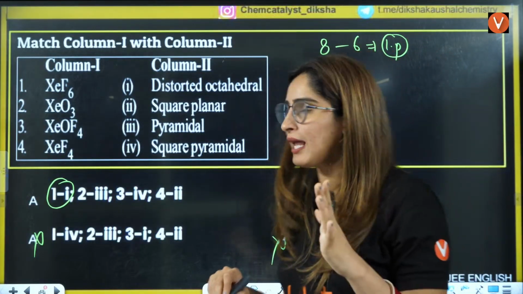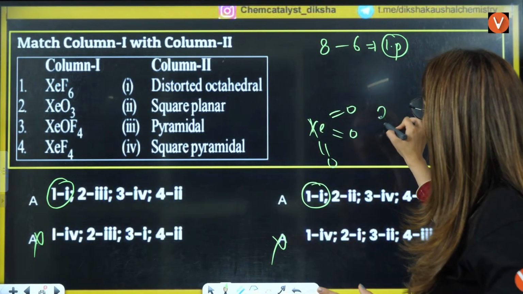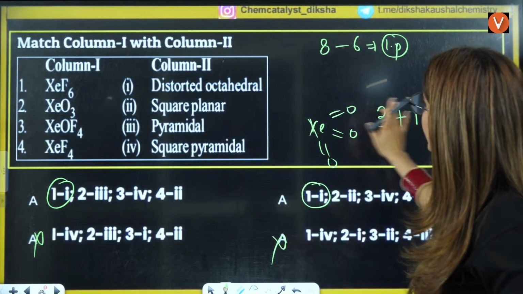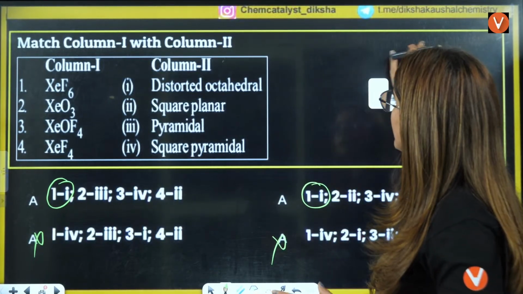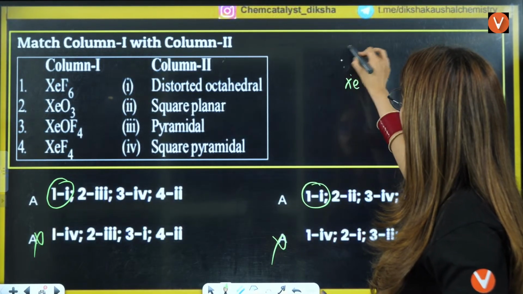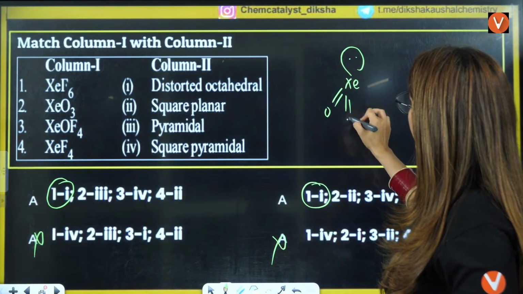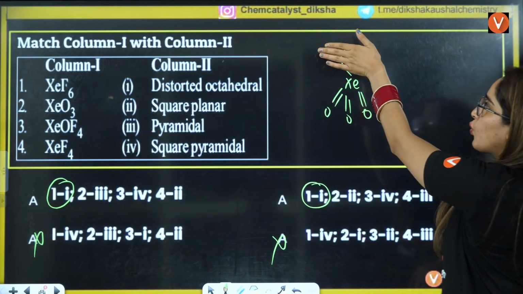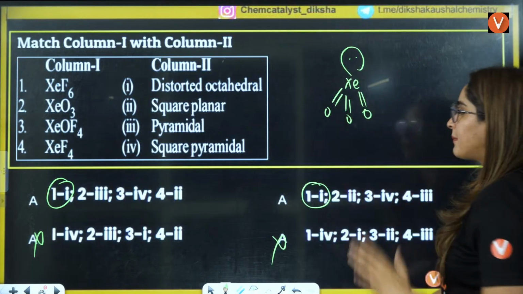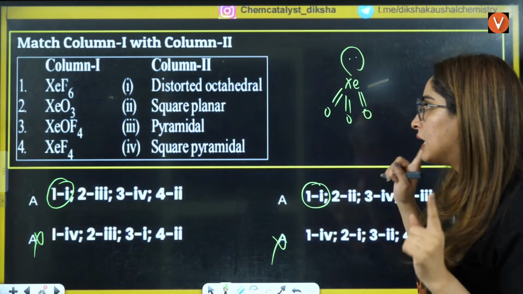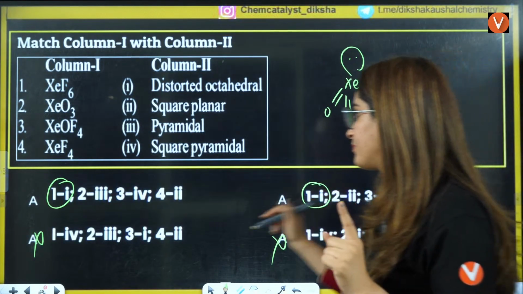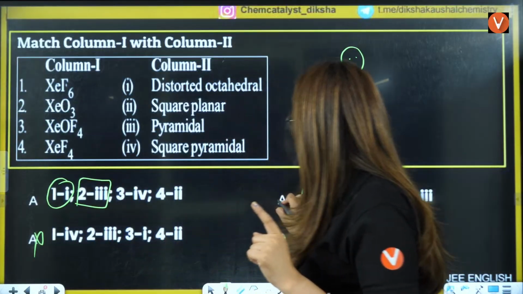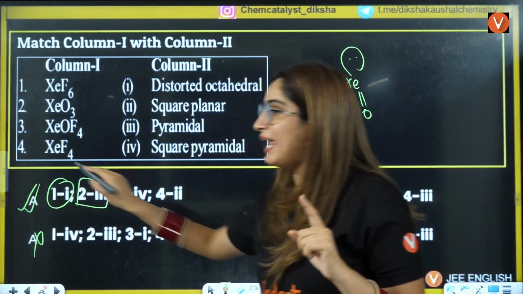So sigma bonds are 3 plus 1 lone pair, which means 4. Xenon with 1 lone pair and 3 oxygens. That is pyramidal shape, because in shape we exclude the lone pair. So the answer for second is 3. So this is again eliminated, and A is the correct answer.